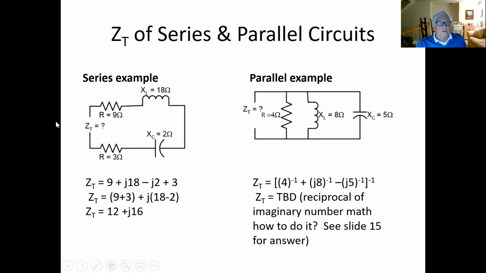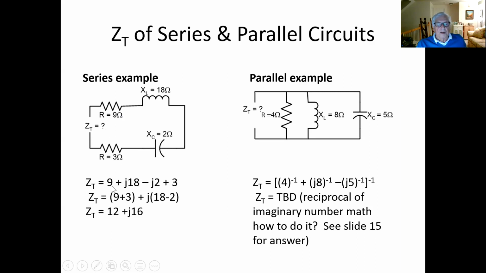So if we have a series circuit here, 9 ohms, 18 ohms, 2 ohms, and 3 ohms, we got a ZT, which we add all the Z's. We got 9 real plus 18 inductive, or J18 inductive, minus 2 capacitive, and then finally another plus 3 real.